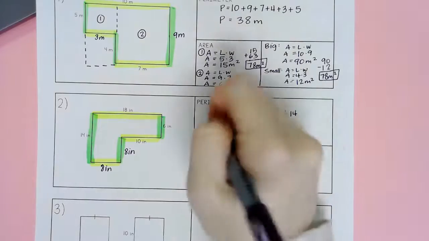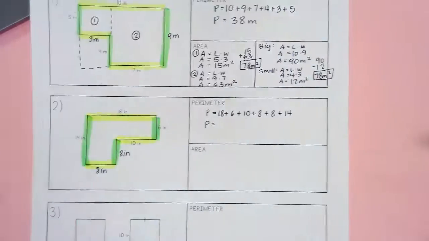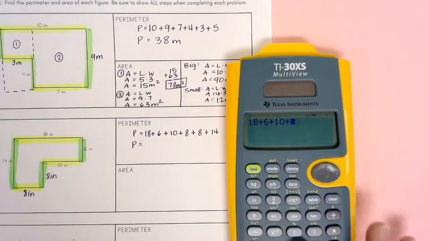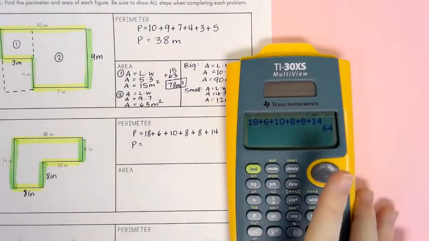So P is equal to, I'm going to add them all up, 18 plus 6 plus 10 plus 8 plus 8 plus 14, and I get 64.